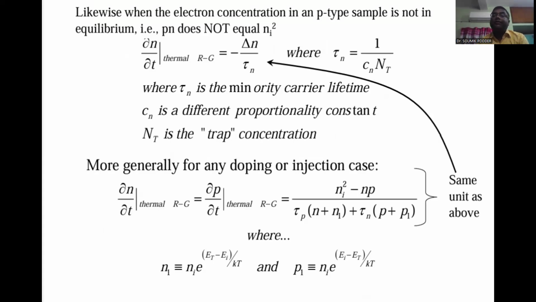More generally, for any doping or injection case, d(delta n)/dt under thermal recombination-generation equals d(delta p)/dt, which equals (ni square minus np) divided by tau p (n plus n1) plus tau n (p plus p1), where n1 equals ni e to the power (Et minus Ei) by kT, and p1 equals ni e to the power (Ei minus Et) by kT.